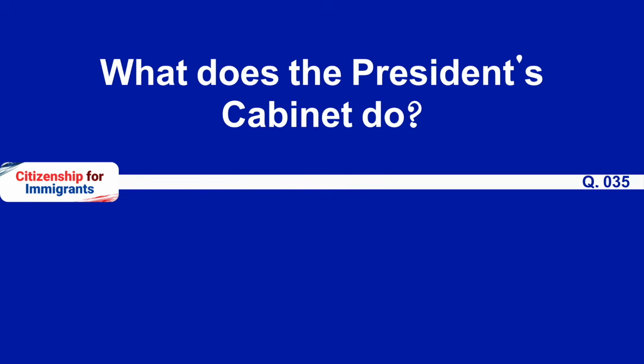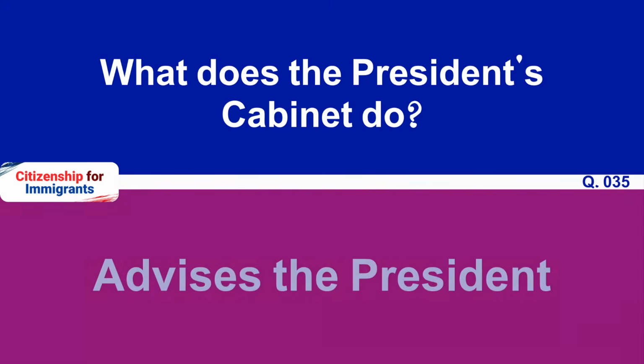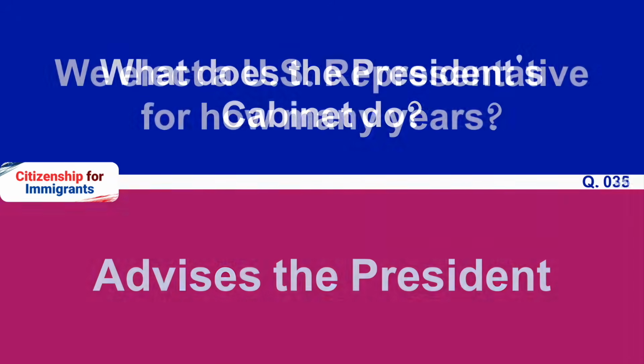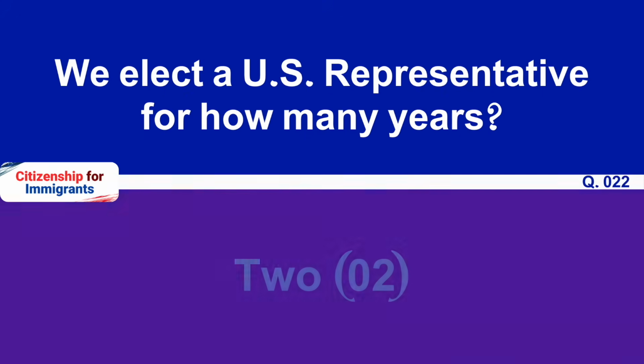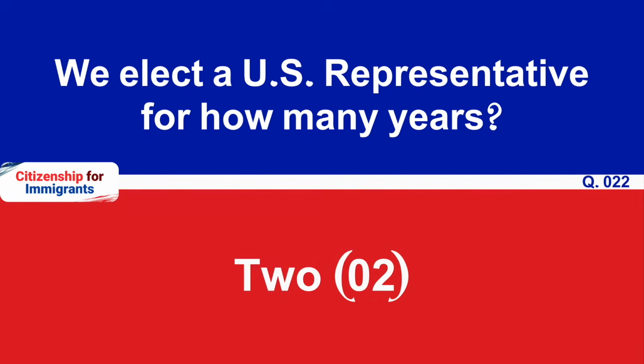What does the President's Cabinet do? Advises the President. We elect a U.S. representative for how many years? Two.